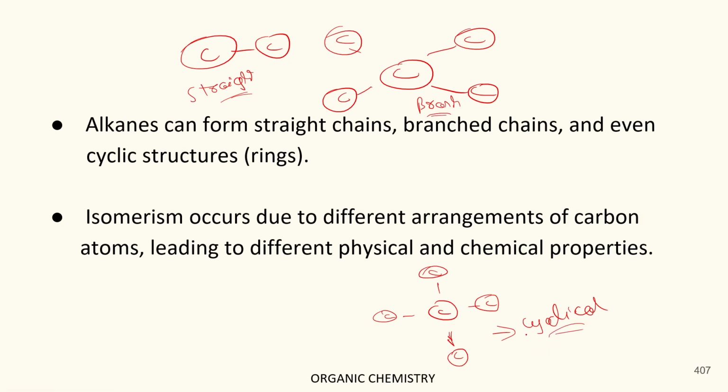Got it? Now, isomerism occurs due to the different arrangements of carbon atoms leading to different physical and chemical properties. So here we have learned about isomerism. What do you mean by it? We will learn about it in a little bit, and also we will learn some facts about the molecules.